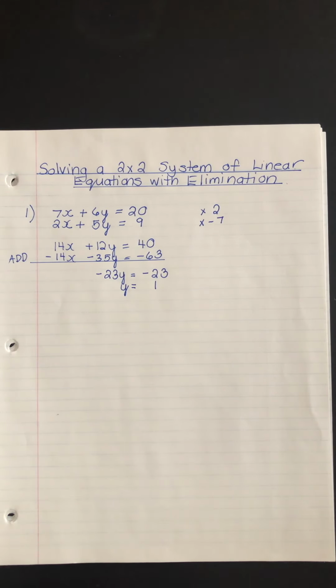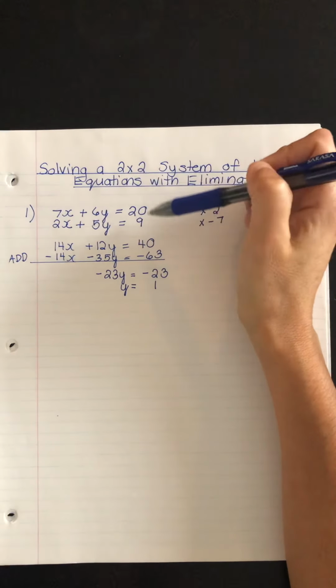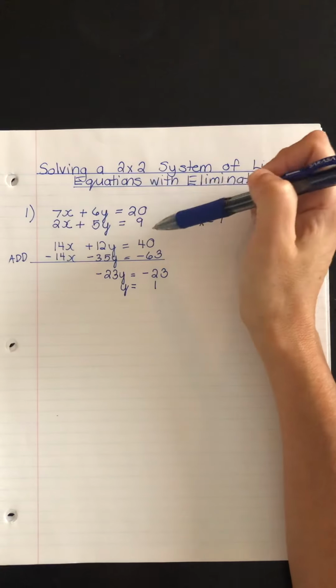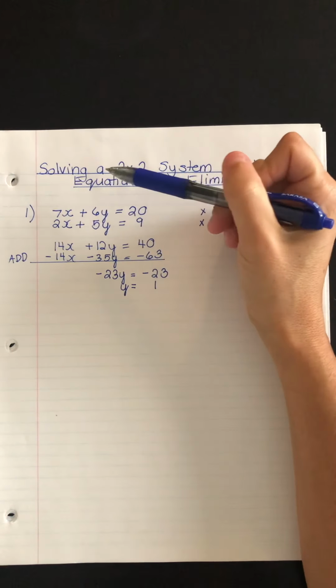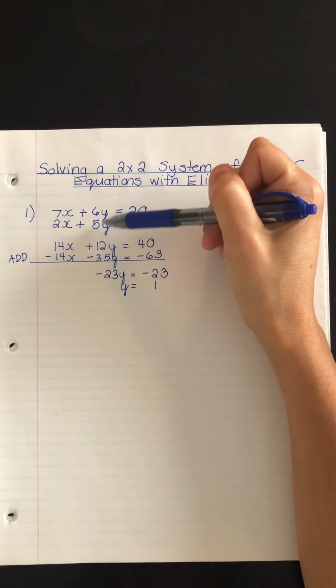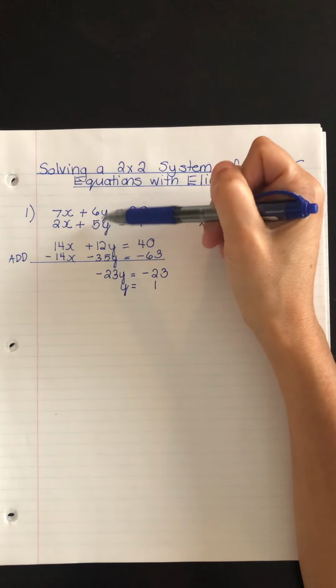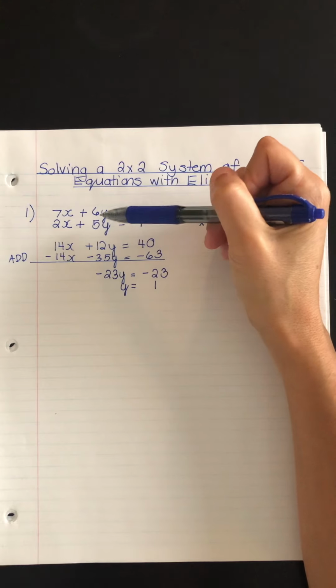Okay, I'm going to do the same thing now. So we're going to go back to the beginning here. And instead, we're going to use elimination to solve for x. And that means coming up with the proper multipliers here for y. So that one is a 6 and that one is a 5. Both of these numbers go into 30.